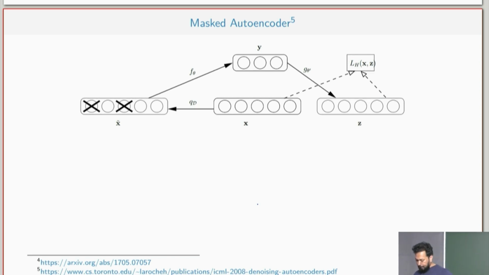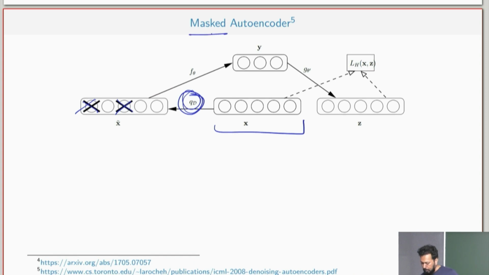What the diagram says is that x is your input. This x goes through some Q transform, and this transform is simple. It just removes some entries of x randomly. There is no preference as such. How much you remove is up to you, but you remove randomly. So this Q randomly identifies the indices of x that are going to be removed, and that's why the name is masked.